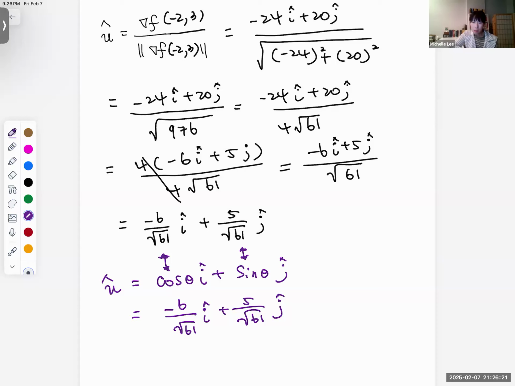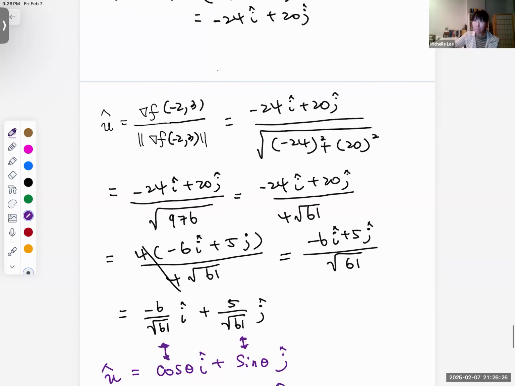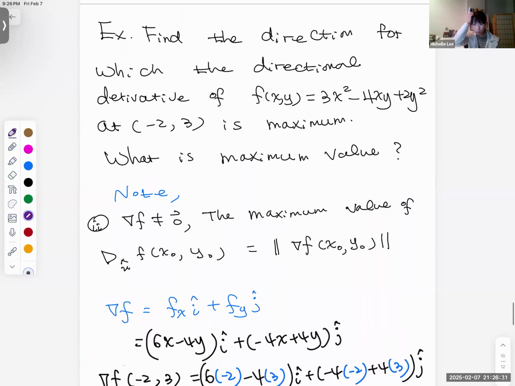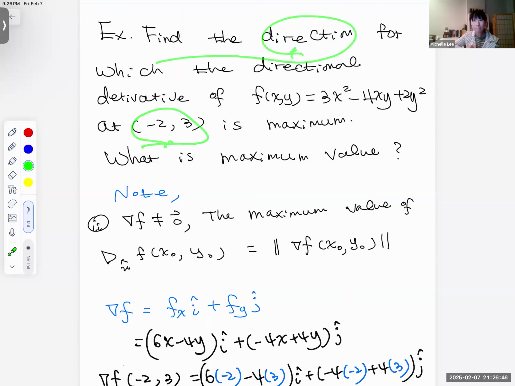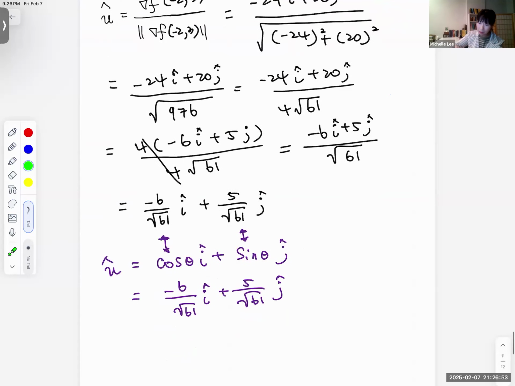Then we have u hat equal to cosine theta i hat plus sine theta j hat, corresponding to this. Then they ask for the maximum value. That direction, u hat, is negative 6 over square root of 61 i hat plus 5 over square root of 61 j hat from this point. And then the maximum value will be the magnitude of that.